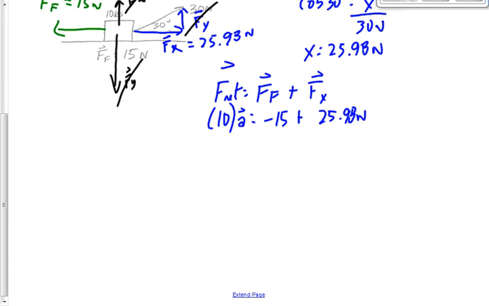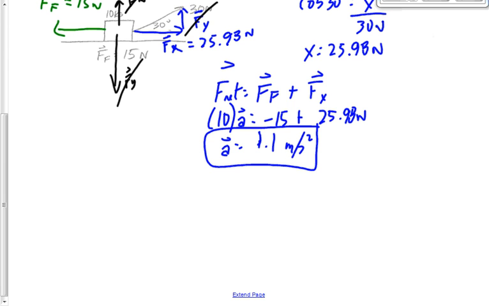How is that, about 1.1? It's 1.098, so it would end up being 1.1 meters per second squared. All right, how many people got that? Good, good. I think we're doing pretty good at this.